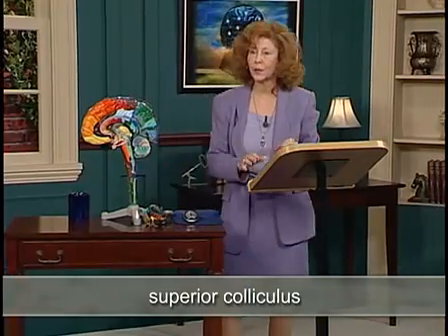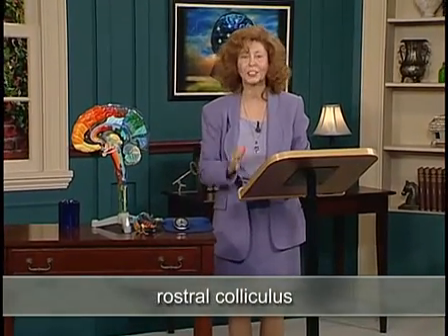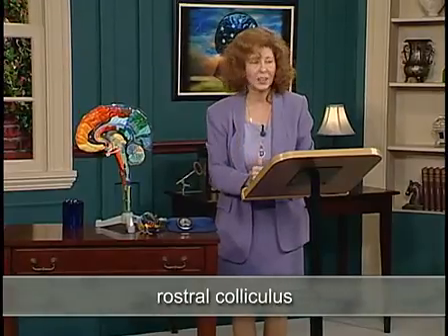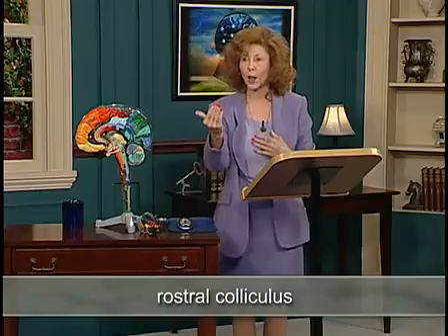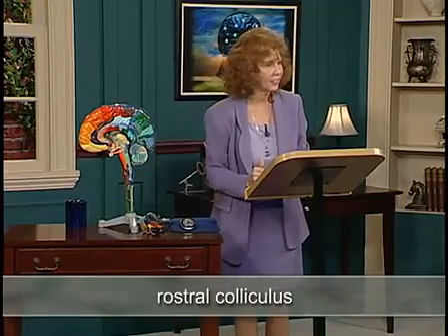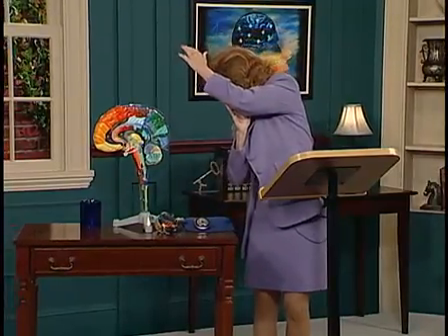The superior colliculus, also called the rostral colliculus because it's a rostrally located structure. Colliculus means little hill, so it's the rostrally located little hill, and it is involved in visual reflexes. So, for example, if there was suddenly a bright light over here, I might turn my head, close my eyes, and lift my arm like this.